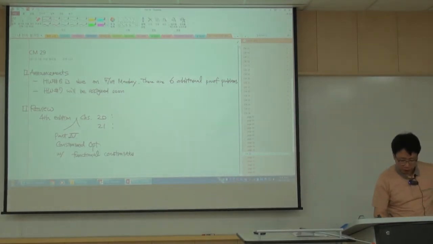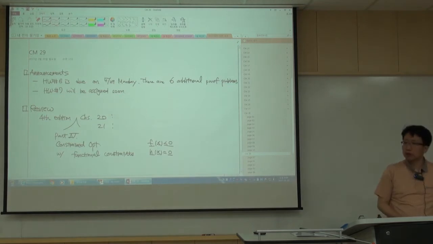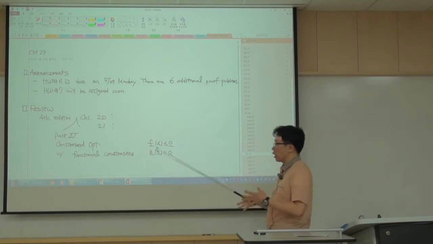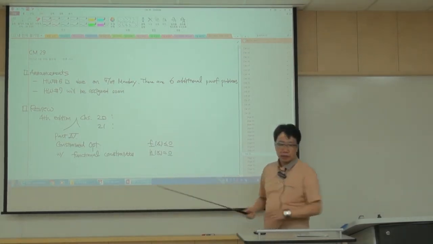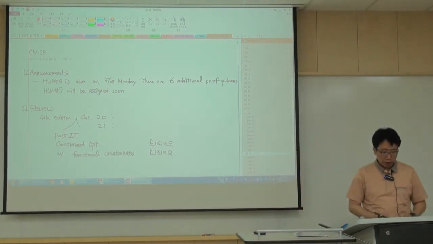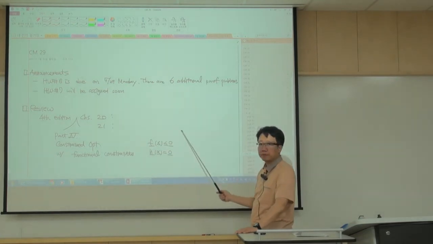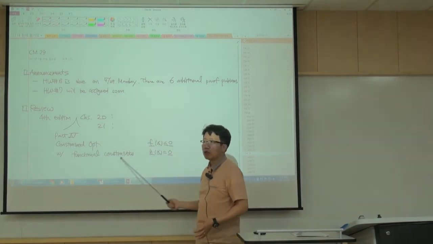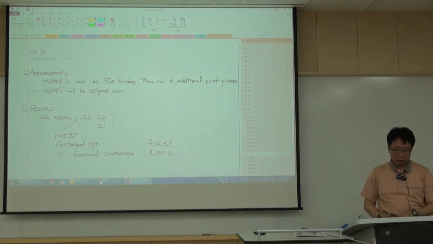But this means that we have an equality constraint function and an inequality constraint function. Got it? So functional constraints means that we have a constraint set that can be described in this way. As I told you, an arbitrary constraint set may not be described in this way. So we are considering a small subset of problems in the set of all constraint optimization problems.